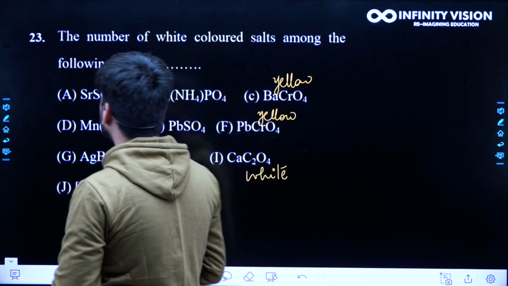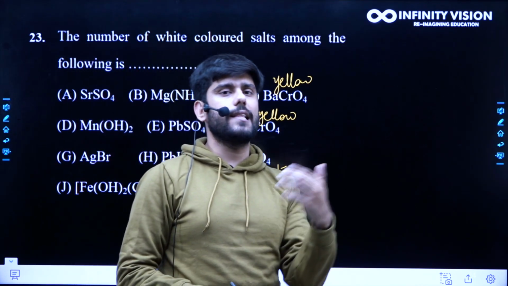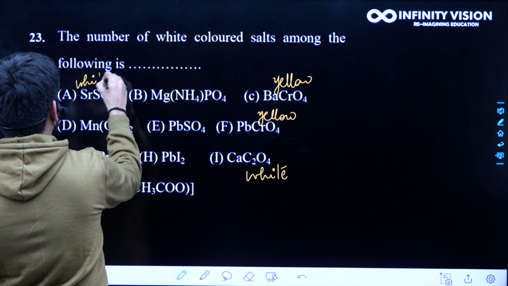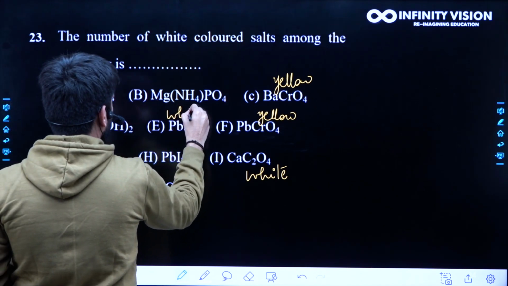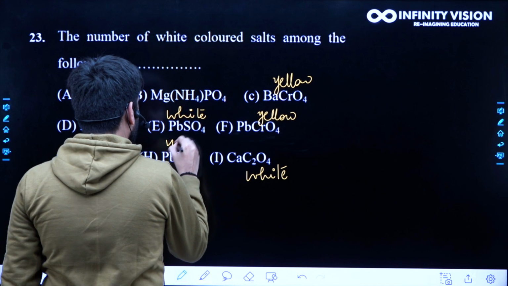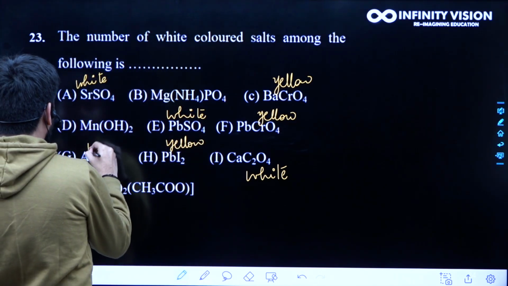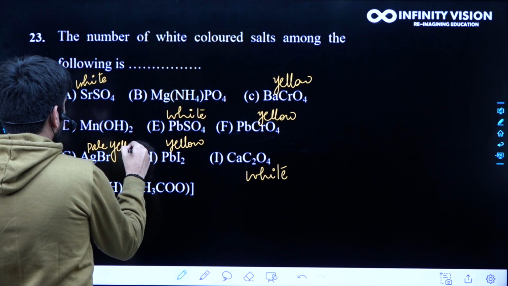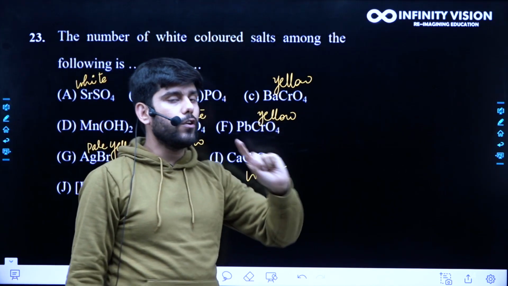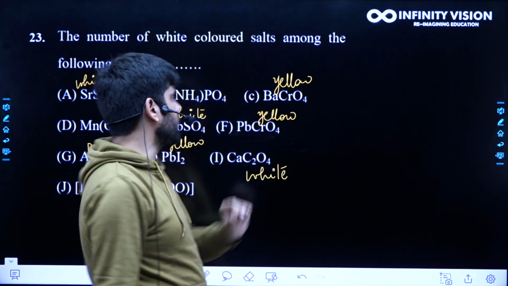Regarding the sulfates, we know the sulfates are water soluble except strontium sulfate, and there is lead sulfate, right? So strontium sulfate is white in color, and lead sulfate is also white in color. Now the test for iodide, PbI2, that's yellow in color. Test for bromide, AgBr, that is pale yellow. Magnesium ammonium phosphate, we see in group 6 analysis, the estimation of Mg2 plus, right?